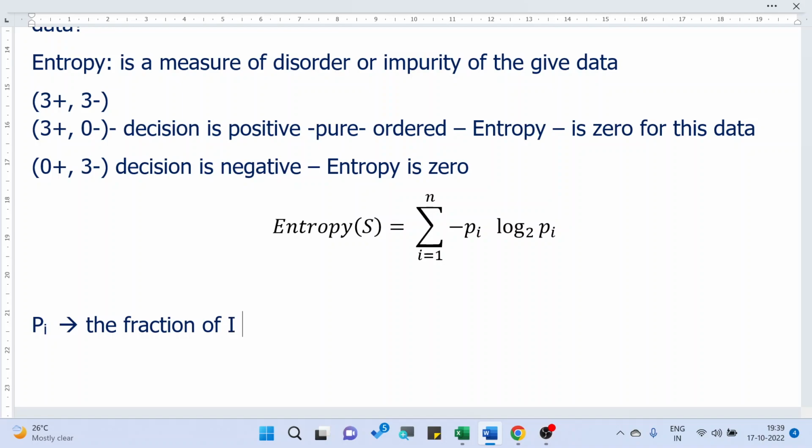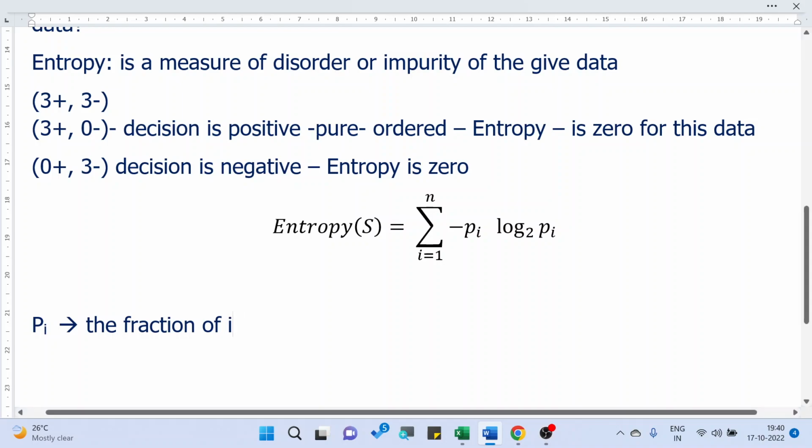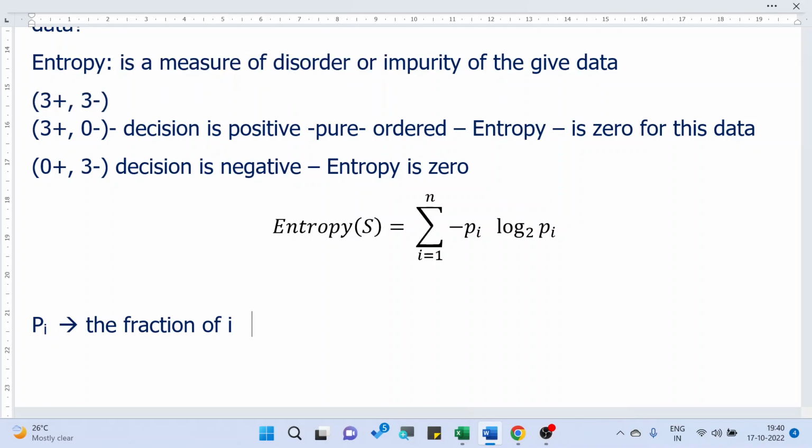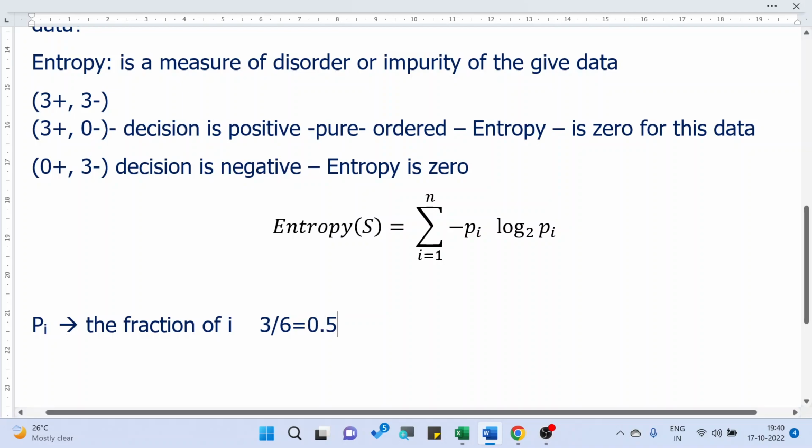For example, if I take this 3 positive, 3 negative example, what is the fraction of positive? P positive is 3 examples out of 6 examples. So, the Pi is 1 by 2 or 0.5.